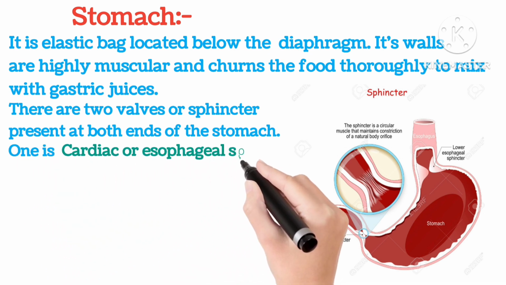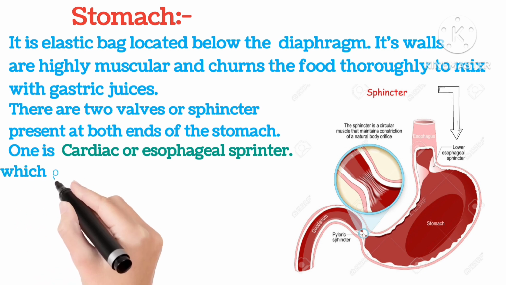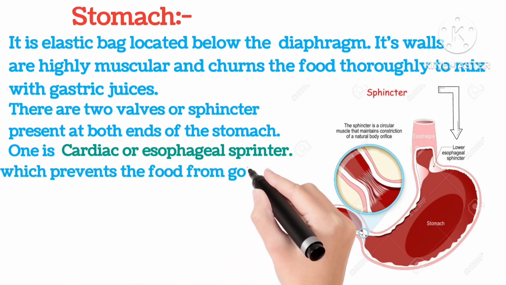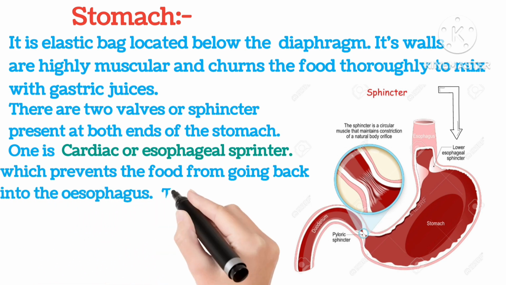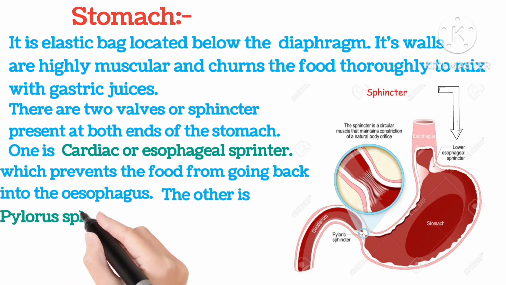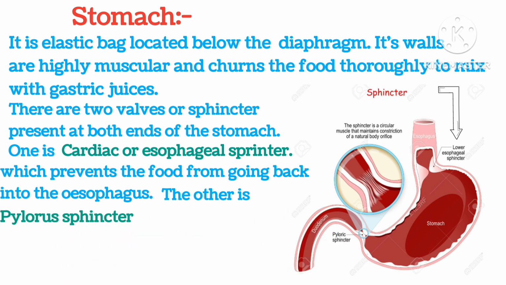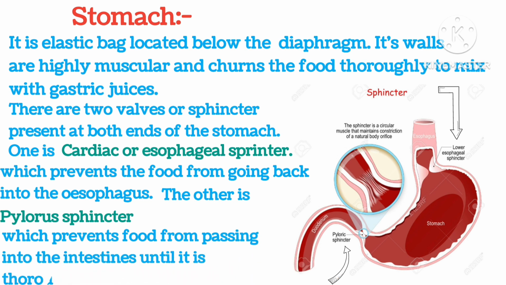One is the cardiac or esophageal sphincter, you can see in the picture, which prevents the food from going back into the esophagus. The other is the pyloric sphincter. See in the picture, which prevents the food from passing into the intestine until it is thoroughly churned.